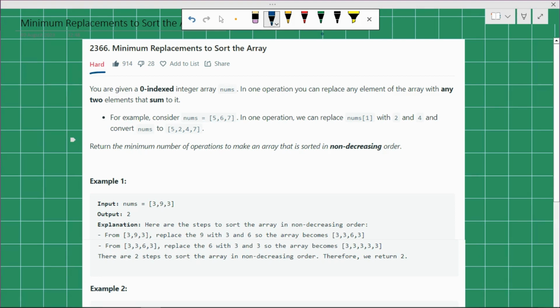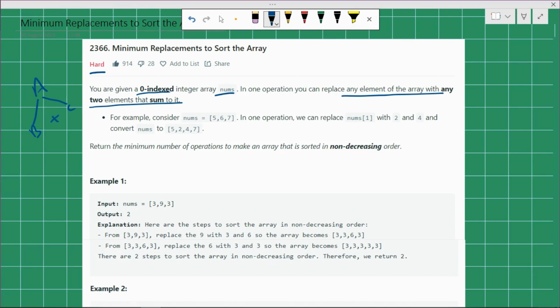Here you are given a zero indexed integer array nums. In one operation you can replace any element of the array with any two elements that sum to it. That means we can break an element A into its corresponding elements B and C such that B plus C equals A. So they have given an example.